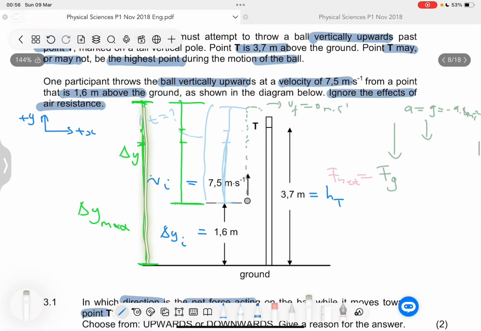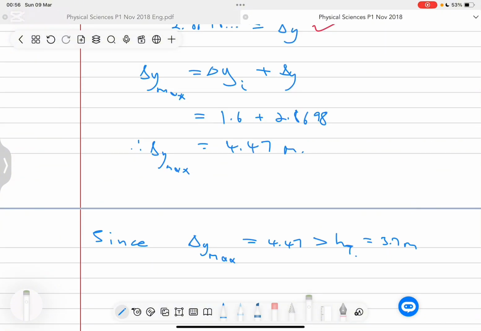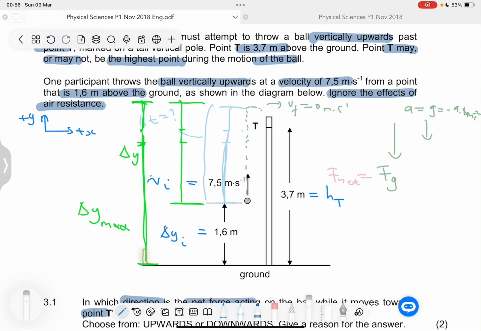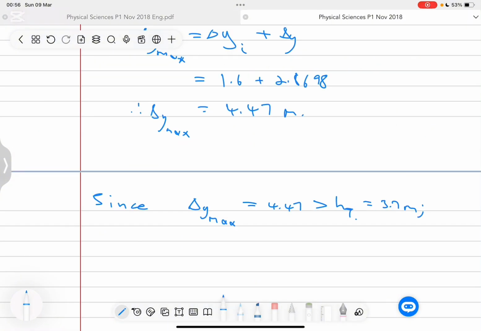So this height here is bigger than this height, right? And this height is defined by 3.7. Therefore, if that's the case, we clearly can see that it means the ball has passed T and went above T, right? Therefore, the ball will actually pass point T.